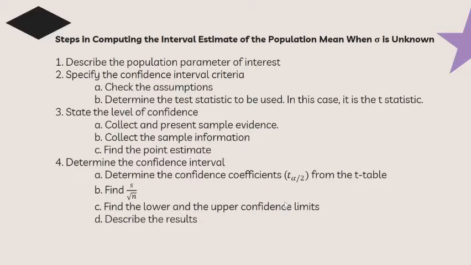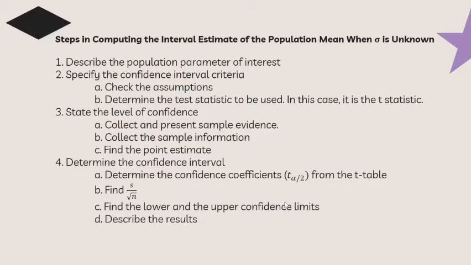First, describe the population parameter of interest. Second, specify the confidence interval criteria. Here we check the assumptions and determine the test statistic to be used. In this case, it is the t statistic.